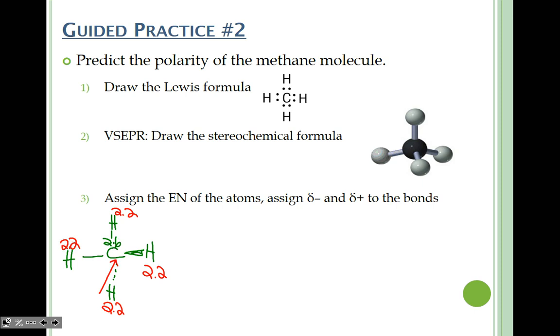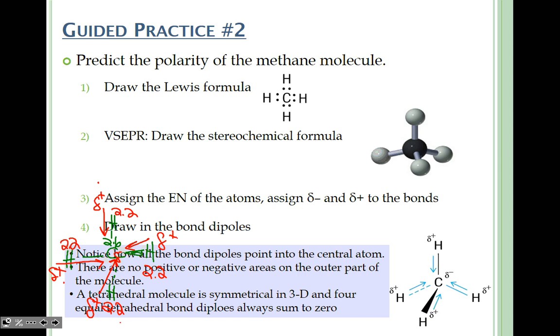The pointy end of the arrow is always the negative, and the flat end of the arrow is always positive. So these are all going to go to the center, which means every part of the outside is positive. Positive, positive, positive, positive. All the same, nonpolar.